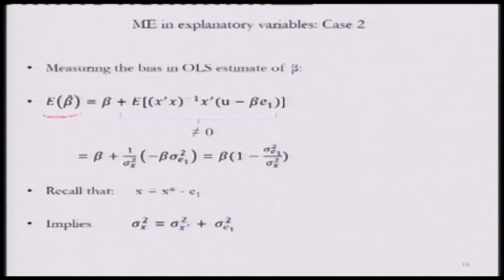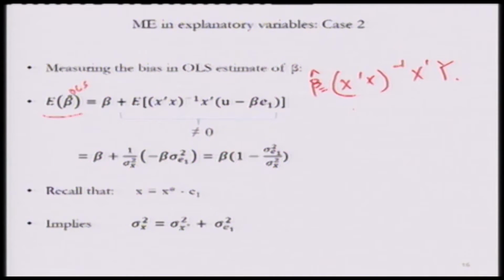We start with the expectation of beta hat OLS, of course, and basically we start with the condition that beta hat is equal to (x prime x) whole inverse x prime y. What you see in the first equation is that we have just expanded y from the regression model, and this is what we are left with: beta plus the bias term, which is given by (x prime x) whole inverse x prime times the new error term, which is u minus beta E1.